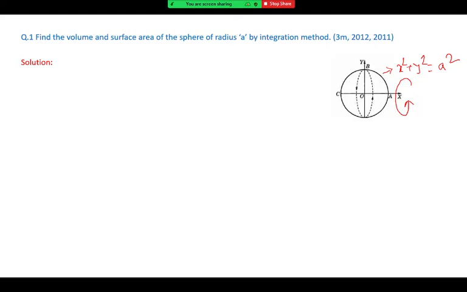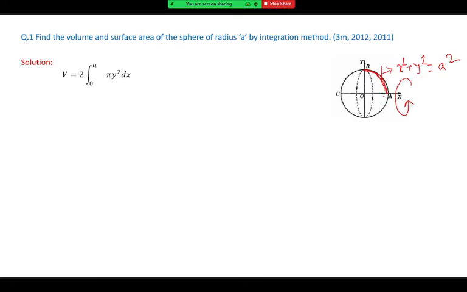So what is the formula for volume first? Pi y square dx, correct. So volume is 2 times integral 0 to a of pi y square dx. Why 2 times? Because it is symmetric, and I'm only rotating this arc.